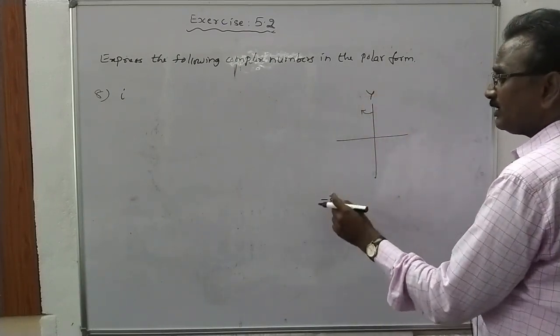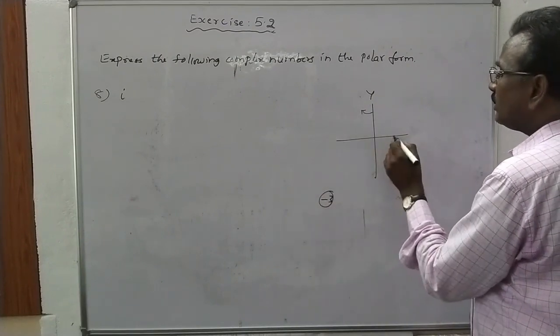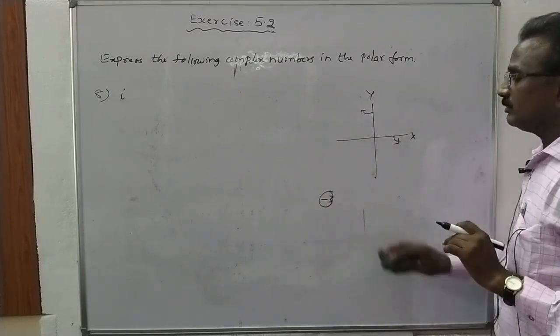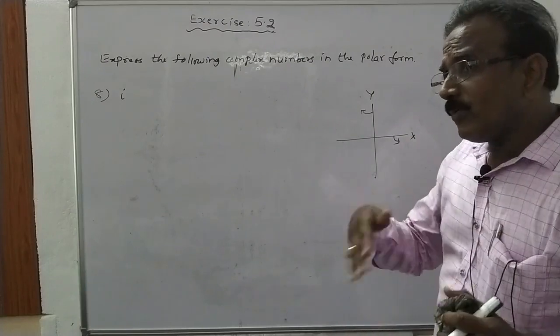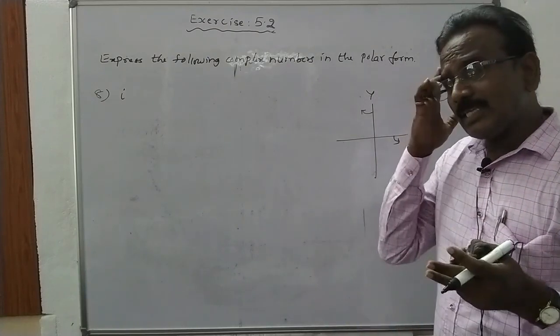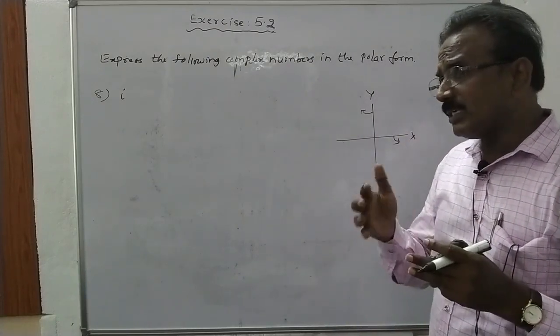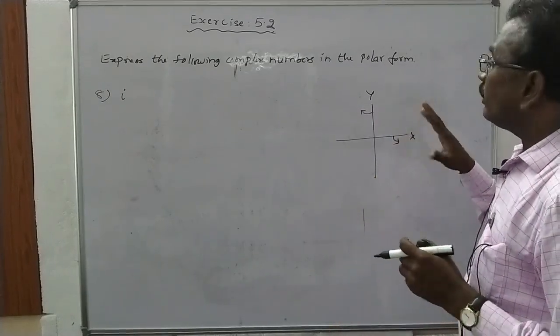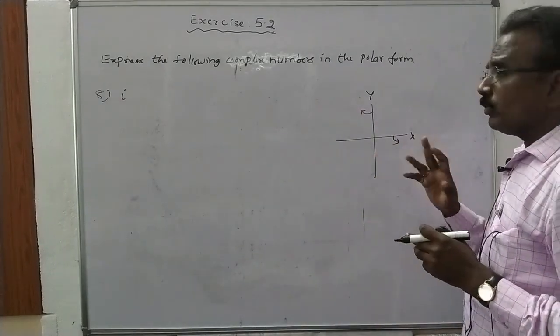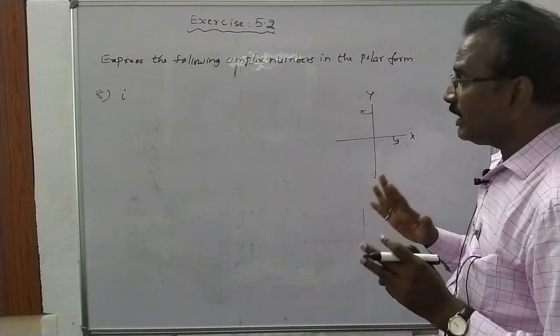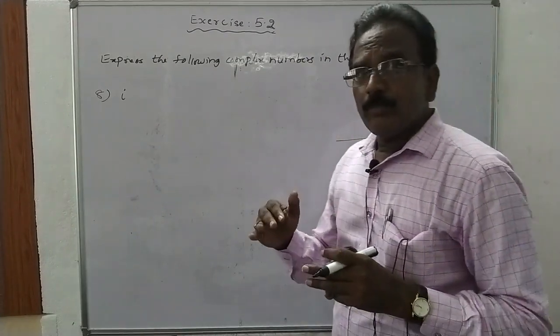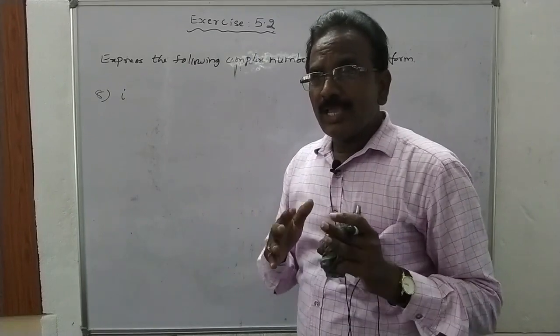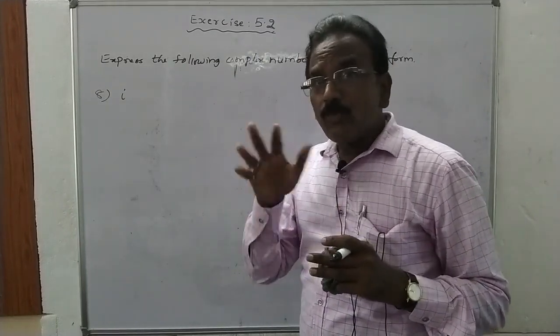Previously minus 3, minus 3 is purely real. Purely real lies on the x-axis. If x and y are there, that means x plus iy form, where x and y are non-zero real numbers, then the complex number lies in the first, second, third, or fourth quadrant depending on signs. But purely real, purely imaginary complex numbers always lie on the x-axis or y-axis.